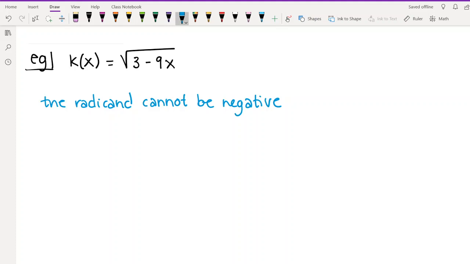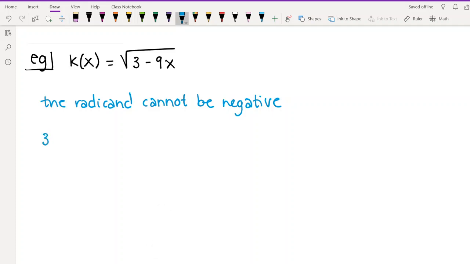So how do we translate this into an equation or an inequality? Well, if you think about it, another way of saying cannot be negative is that it has to be greater than or equal to 0, right? Because anything that's less than 0 is negative, anything that's greater than 0 is positive, and then it is allowed to equal 0, right? You can take the square root of 0. You just can't take the square root of a negative number.